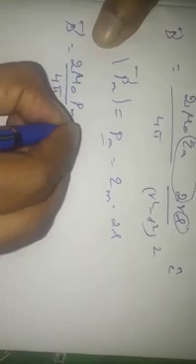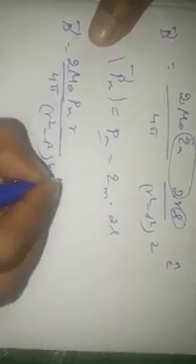So in B we can write mu naught by 4 pi, and this Qm and 2L we replace with Pm. So this is 2 mu naught, Pm into r divided by (r square minus L square) the whole squared into i cap.